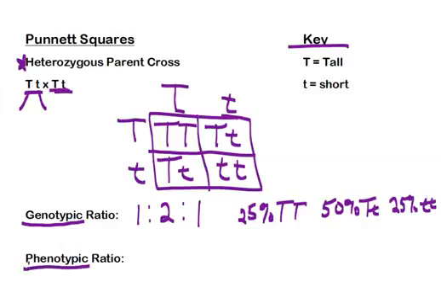So of the phenotypic ratios, remember, if the combination contains the dominant allele, it will be expressed as the dominant trait. So in this case, 3 out of 4 times the offspring will be tall, and 1 out of 4 times it'll be short. So 75% of the time, the plants would end up as tall plants.